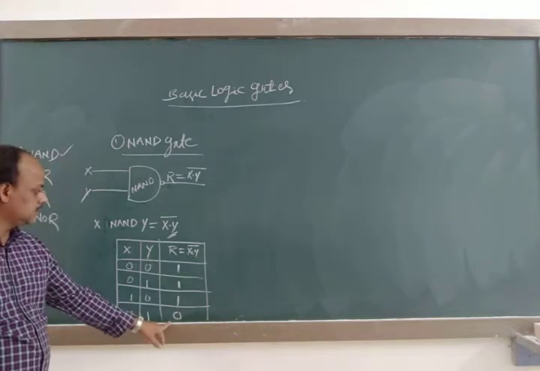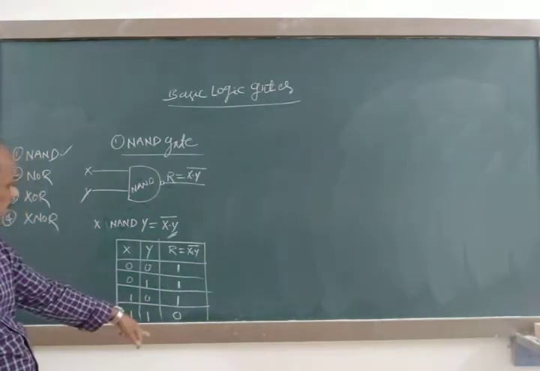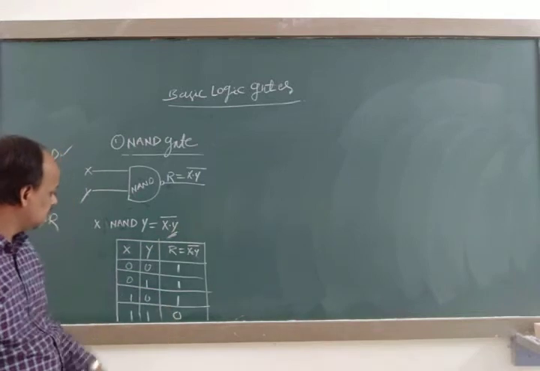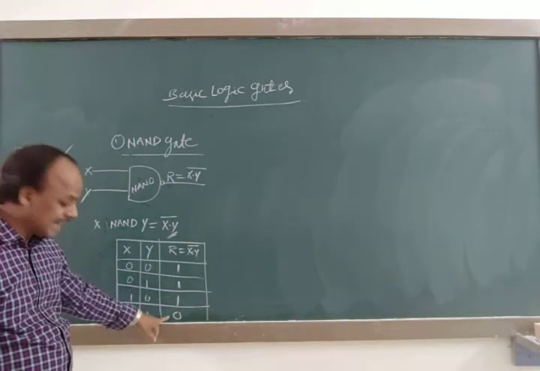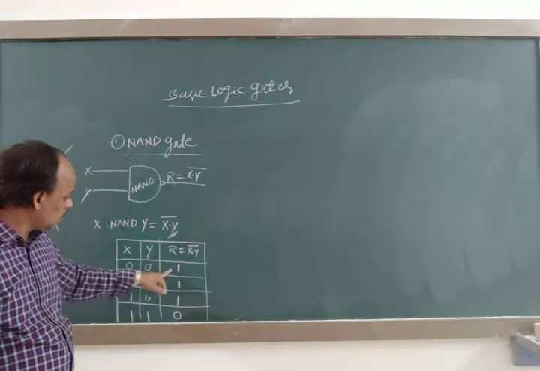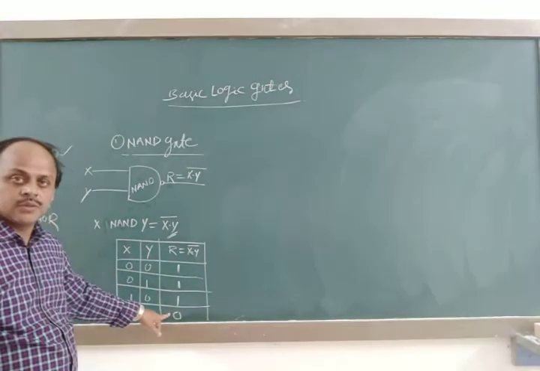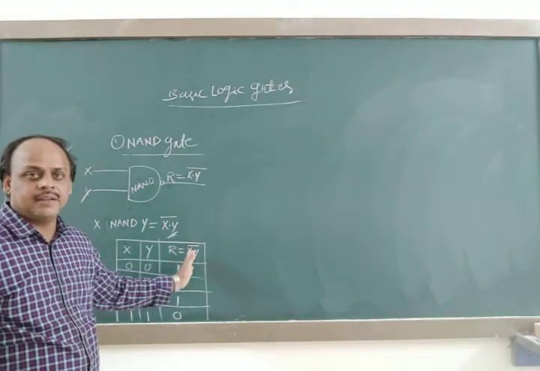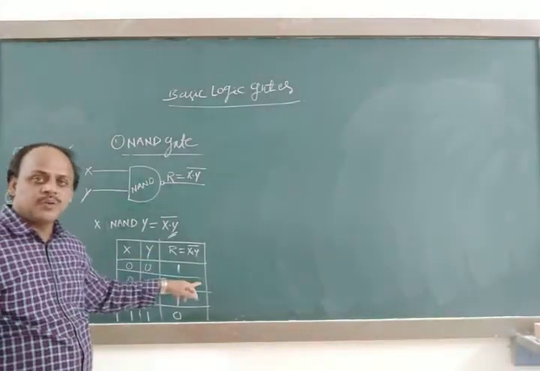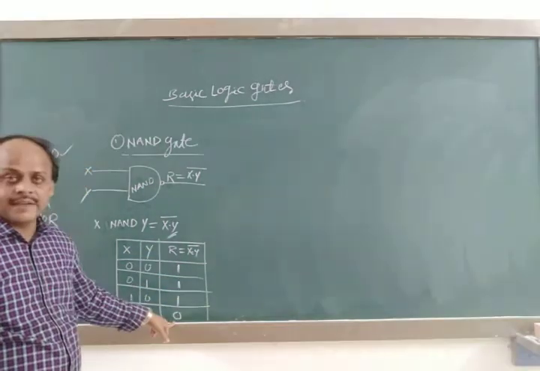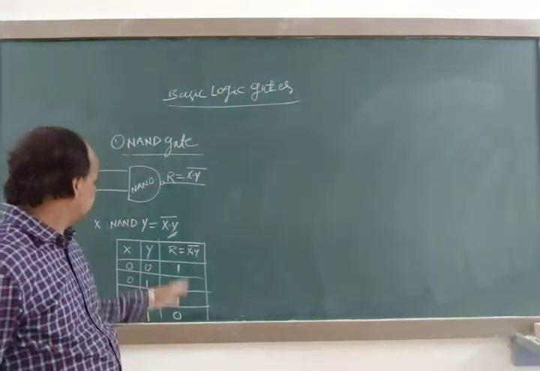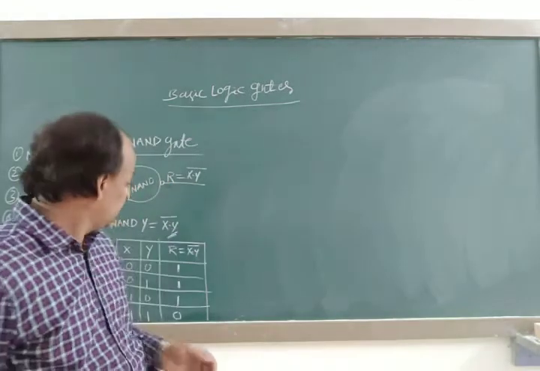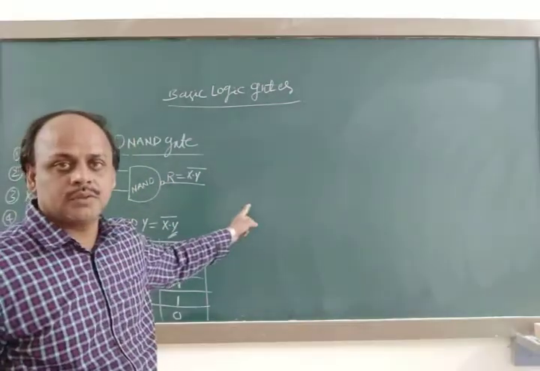Now how to define NAND gate? Compare this NAND gate with AND gate. AND gate output is 0, 0, 0, 1. NAND gate output is 1, 1, 1, 0. That is, output is complement of AND gate. So that's why we can say that NAND gate is constructed with the help of AND gate and NOT gate.